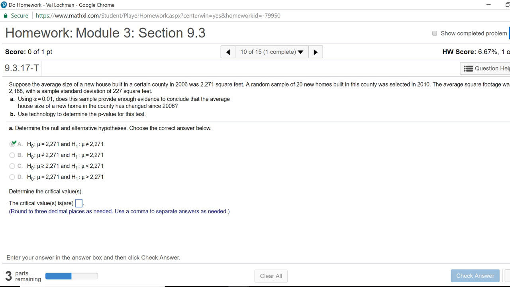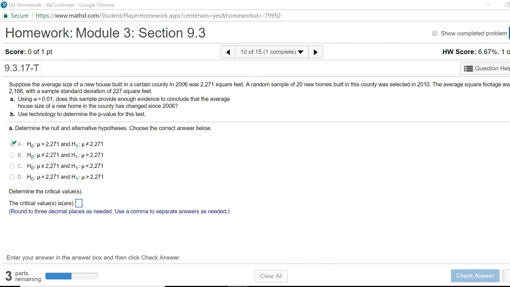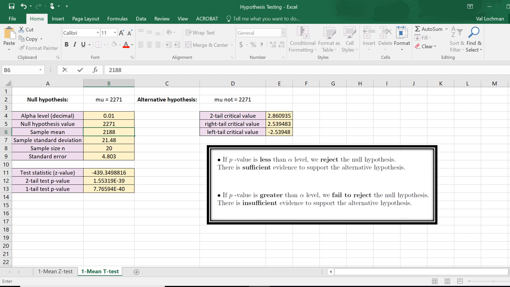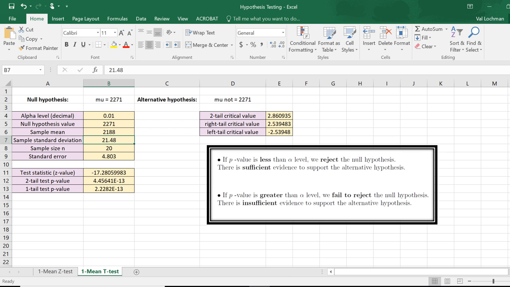The next question is determine the critical value, which means we need to compute our t-statistic. So alpha level is chosen, null hypothesis is 2271. Sample mean 2188. That looks different from 2271. The question is, is it different enough? Sample standard deviation is 222.